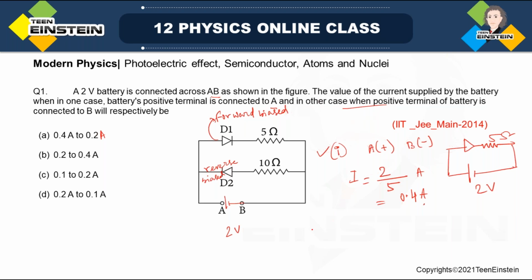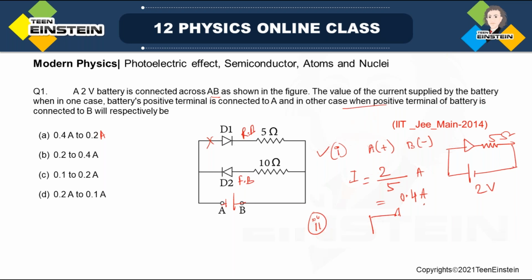Okay, in the next case, or the second case, see, second case will be just opposite, exactly opposite. So if this is connected to negative terminal, if this is connected to positive terminal, so this will be forward bias, FB, and this will be RB, reverse bias.